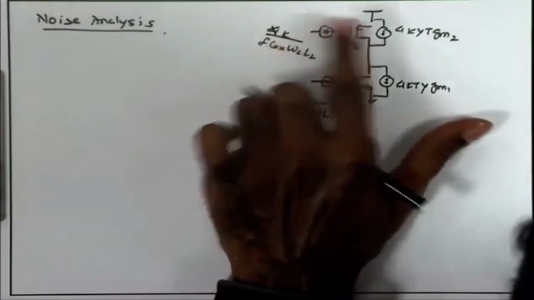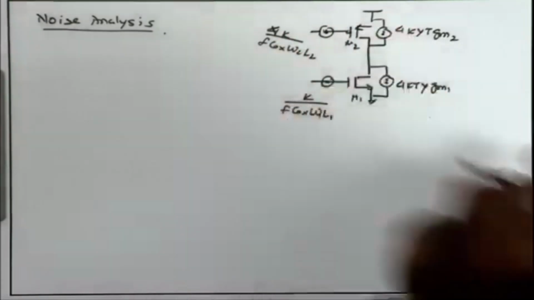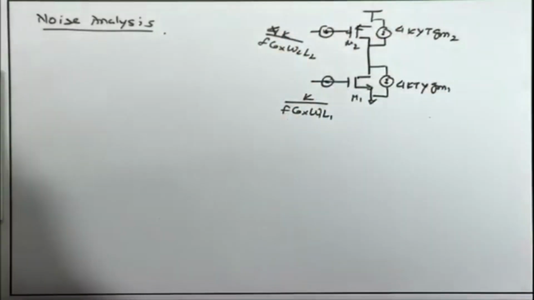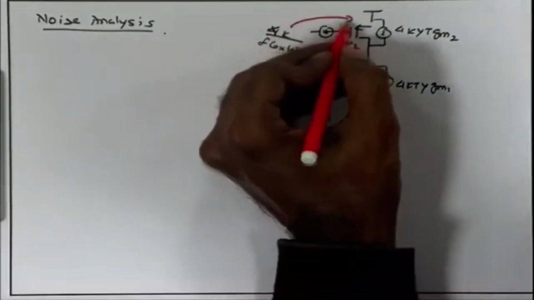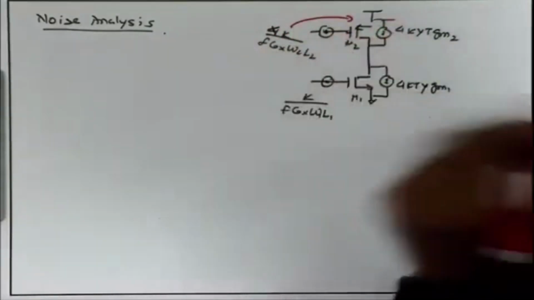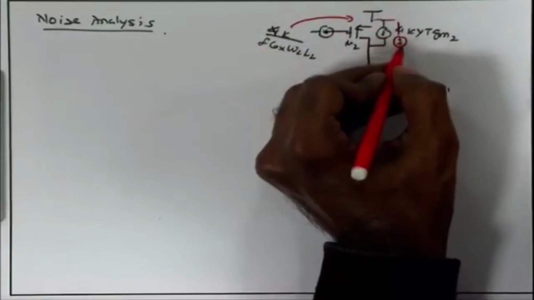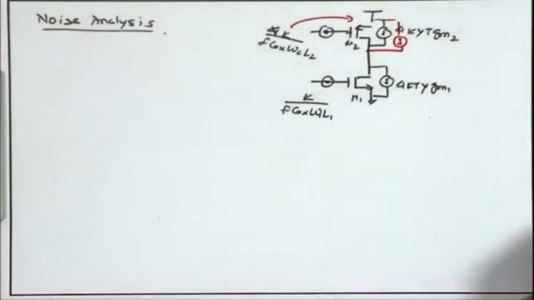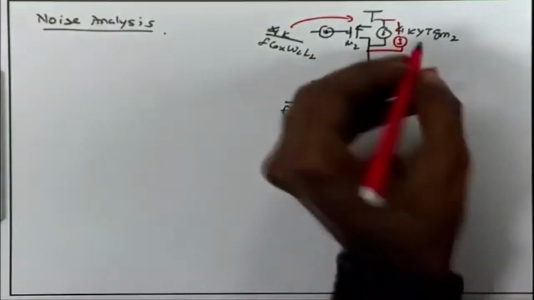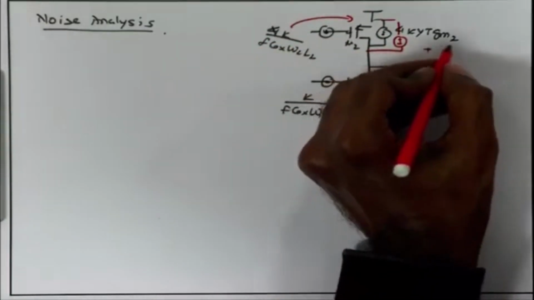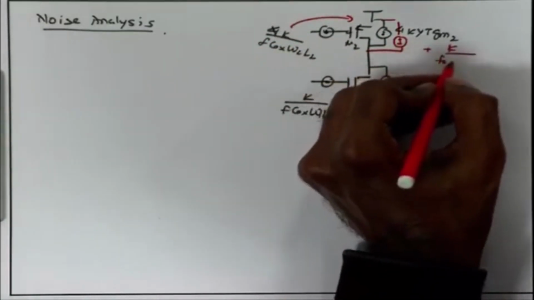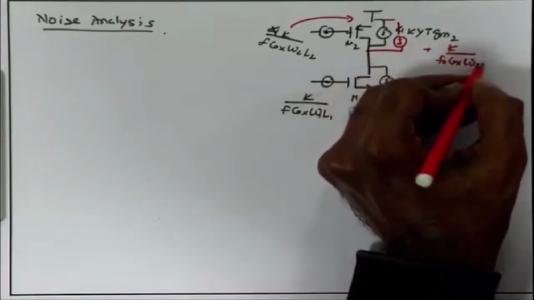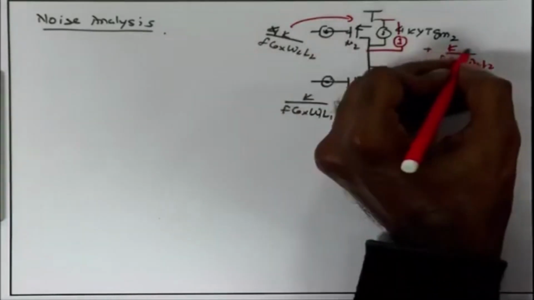So, I can just multiply this by GM square and reflect it as a current. If I take it in the form of a current source and add this in parallel with the noise current produced by the channel, I can add the term K upon f COX W2 L2 times GM2 square.